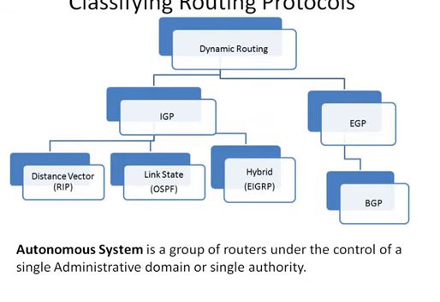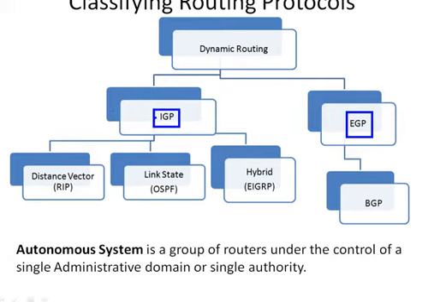How can we classify? There are n number of dynamic protocols. There are many dynamic protocols in the network nowadays. So if we take this look, very first dynamic routing is classified into two main types. One is the IGP and one is the EGP. EGP stands for exterior gateway protocol, IGP stands for interior gateway protocol.